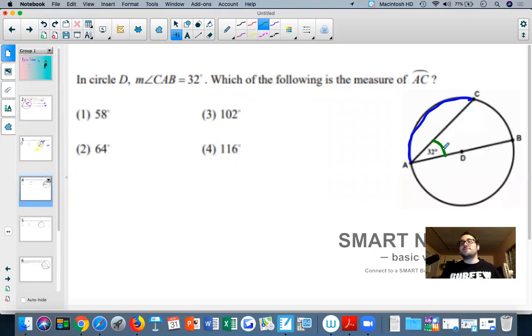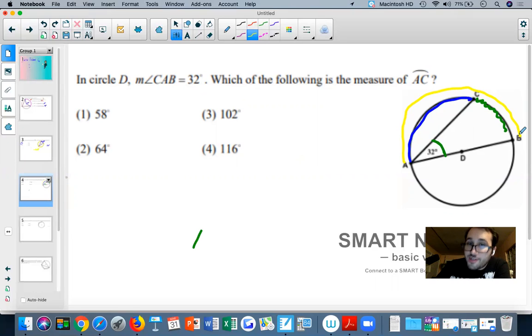So if angle 32 is an inscribed angle, we know that its intercepted arc is going to be double the angle. So double of 32 is 64. So this green arc is 64 degrees. But this is where we got to be careful. Check this out. What is the measure of this yellow arc?